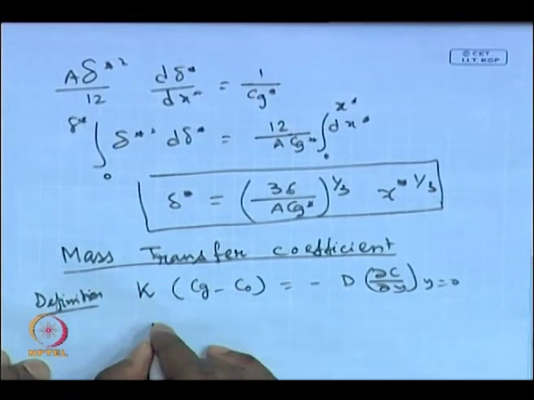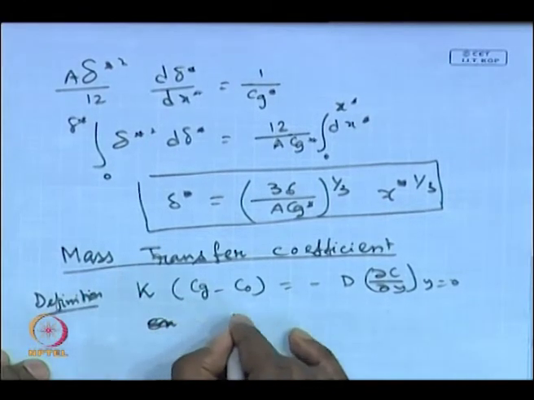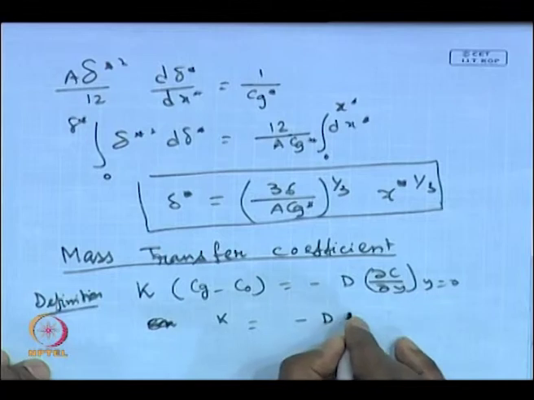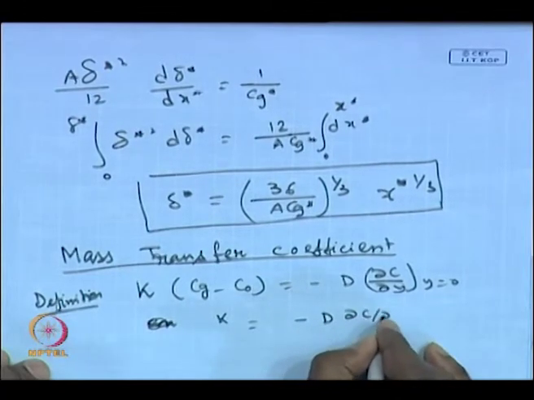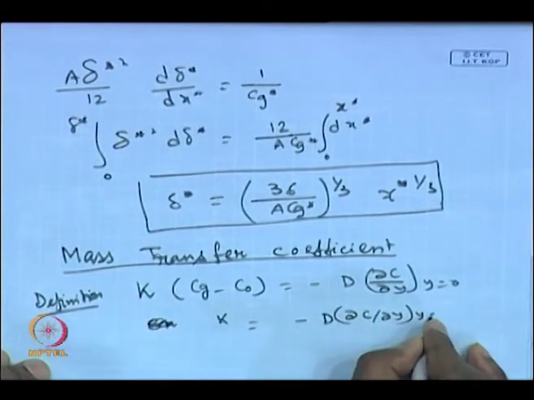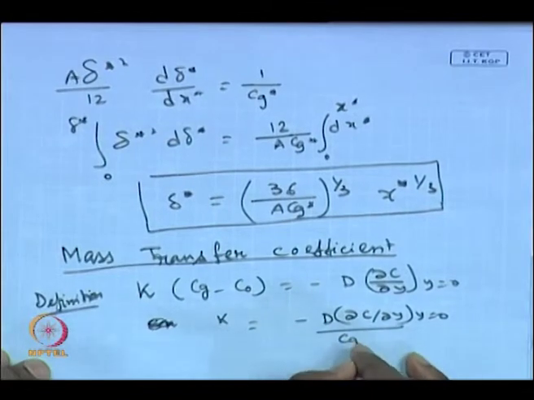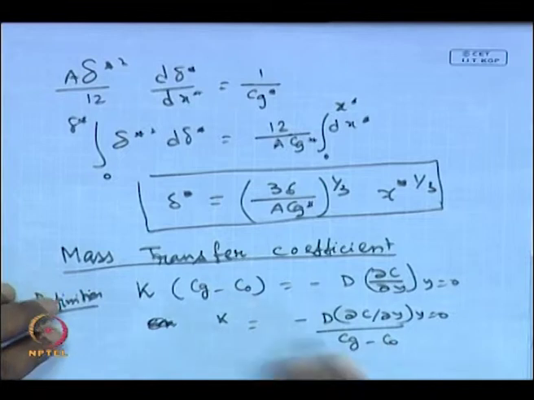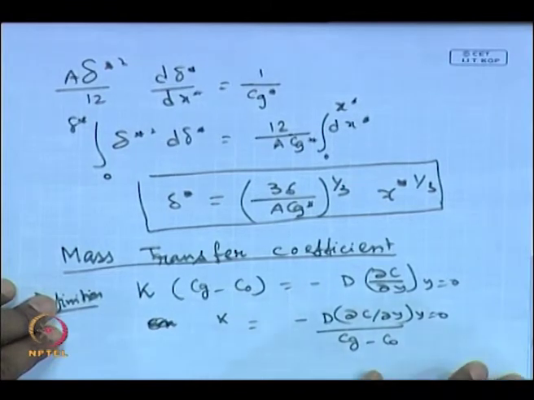Now, make it non-dimensional. So, you can define the Sherwood number. You can get k as minus D del C del y at y equal to 0 divided by Cg minus C naught. That means C star is C by C0 and y star is y by r and things like that.